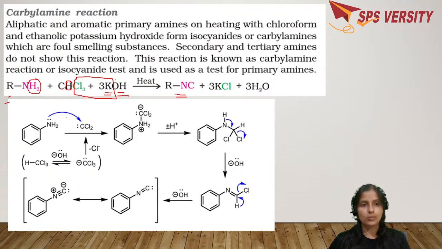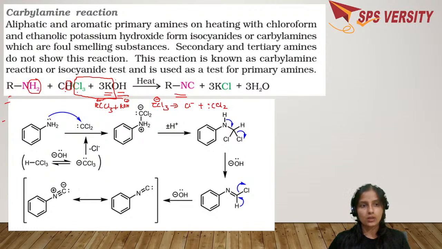So how does the reaction proceed? CHCl3 in the presence of KOH. The OH is going to take a proton from here, and you get CCl3 with a minus charge, which gets converted into Cl minus, and dichlorocarbene is produced.